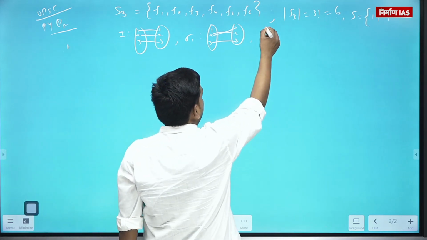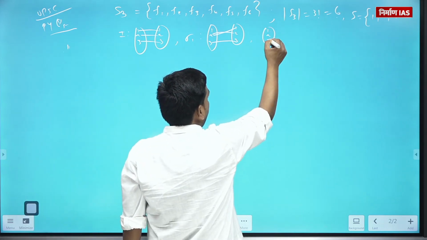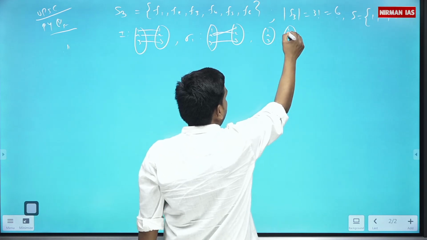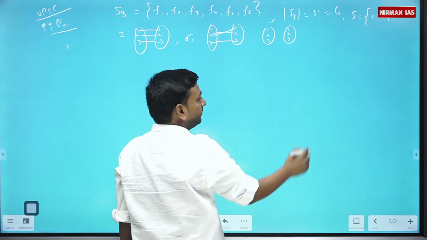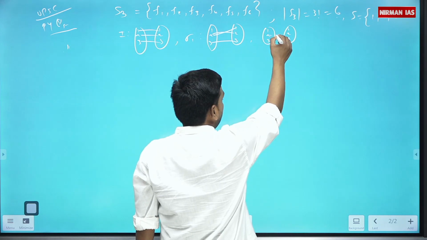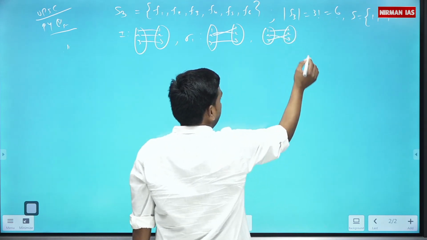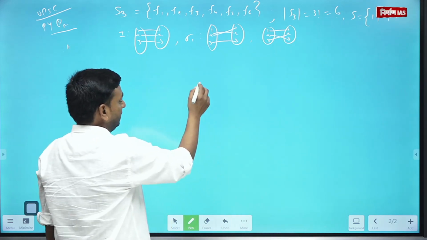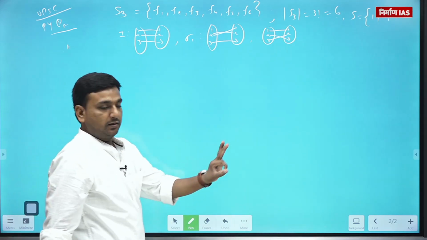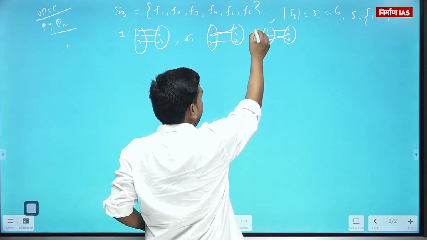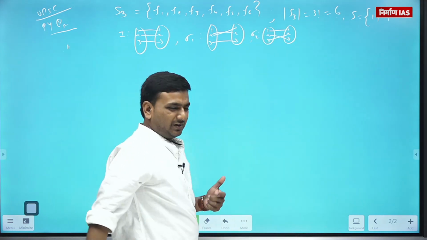Okay. So 1, 2, 3 to 1, 2, 3. Let's say 2 is mapped to 3, 3 is mapped to 2, 1 is mapped to 1. You're getting my point? I will call it sigma 2.